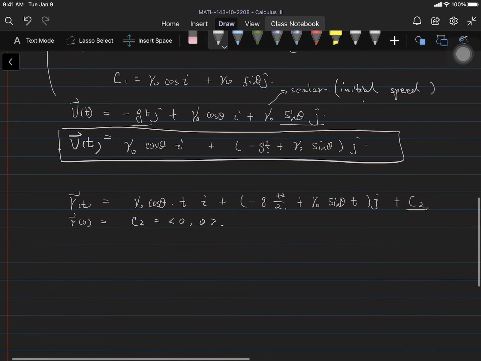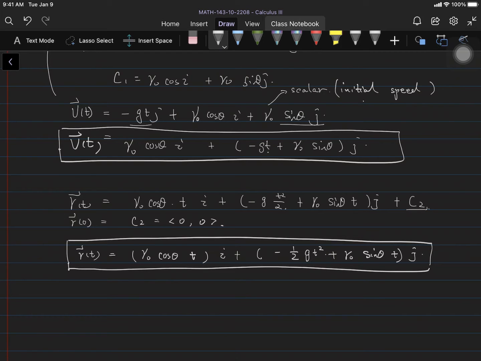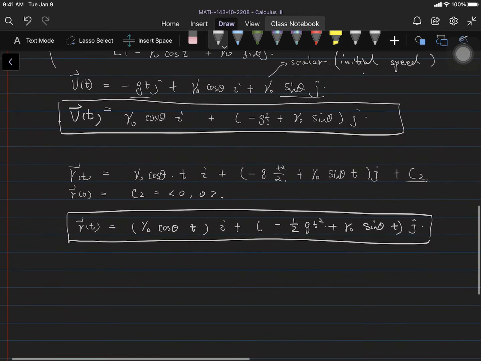So the final answer r(t) equals this one: v0 cosine theta t i plus negative 1/2 g t squared plus v0 sine theta t j. So this is r(t). In the final exam, don't worry, this formula will be given.